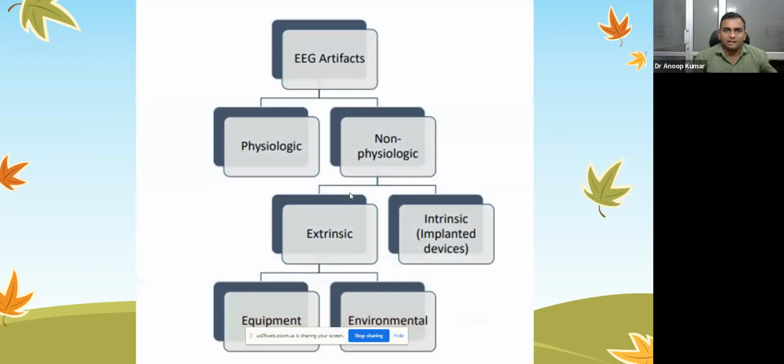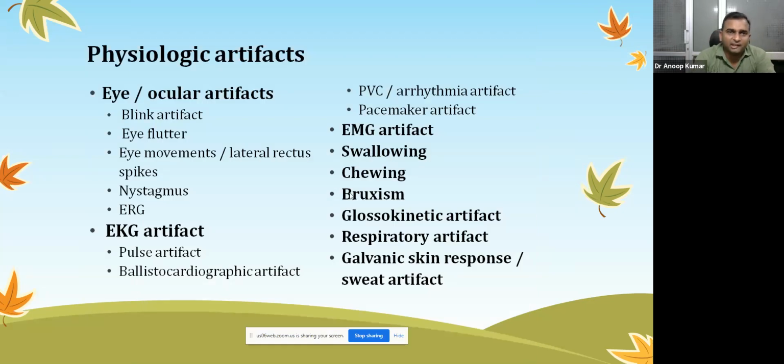So artifacts may be of two types, physiological and non-physiological. In non-physiological, we have extrinsic or intrinsic. Intrinsic meaning implanted devices in our body, and extrinsic, coming from the equipment or environment. Physiological artifacts include ocular artifacts: blink artifact, eye flutter, eye movement, nystagmus, ERG.